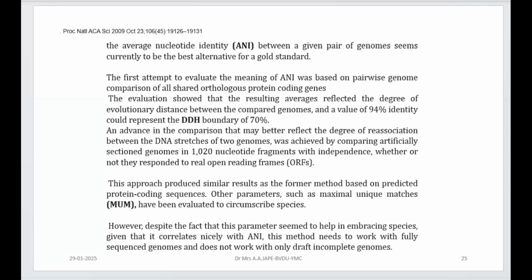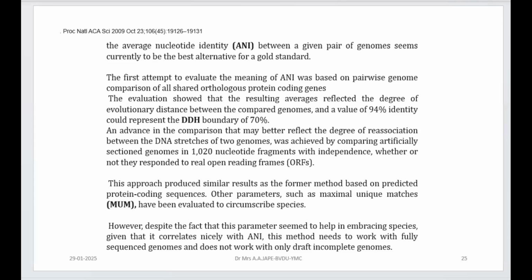So it is an alternative to the gold standard. Pairwise genome comparison of all shared orthologous protein coding genes is one of the methods. So you are comparing protein coding genes between two organisms. The technique is average nucleotide identity: you take sequence from those coding regions which code for proteins, and then compare that.